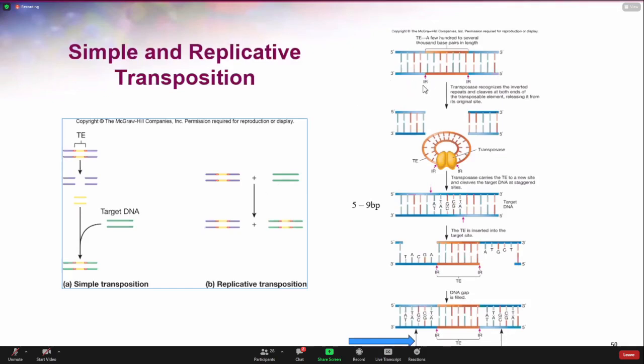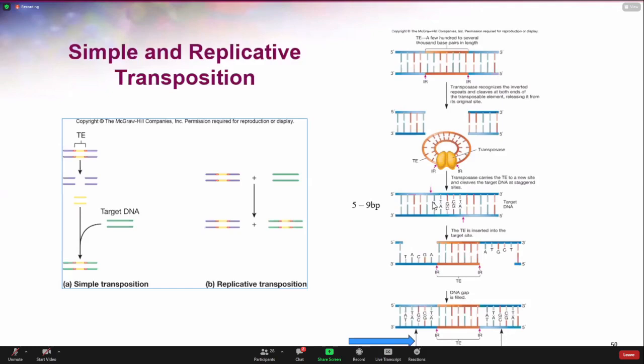So just to help you understand that, we can have a transposable element represented by this red block, flanked by the inverted repeats. And as I said earlier, when the transposable element goes into a sequence, the target DNA has to have that sequence that we refer to as direct repeats on the prior slide.